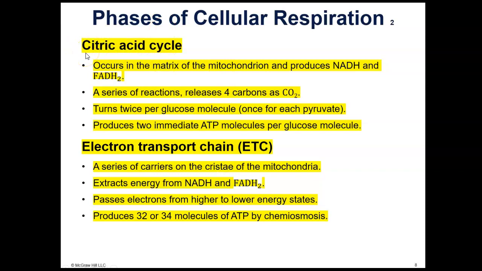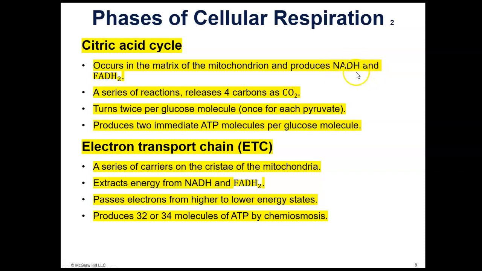Then we have the citric acid cycle, which also occurs in the mitochondria, and it produces these carrier molecules. I can't remember if they're coenzymes or what, but I know these are sources of electrons for the last phase of cellular respiration.